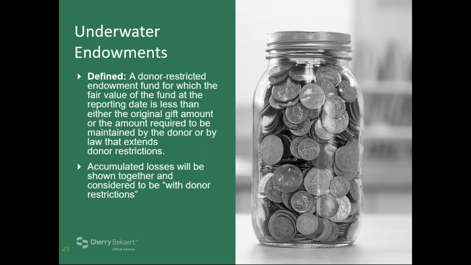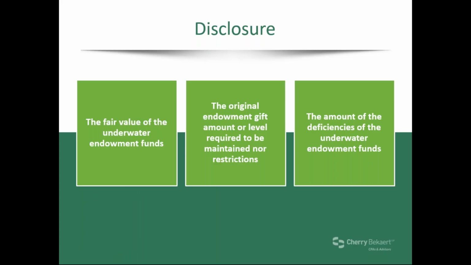So, an additional change: if a donor-restricted endowment fund is underwater, we no longer account for that as unrestricted net assets. The accumulated losses are now to be included together with the fund in net assets with donor restrictions. Additional disclosures are required related to endowments that are underwater, which means the fair value is below the original gift value.